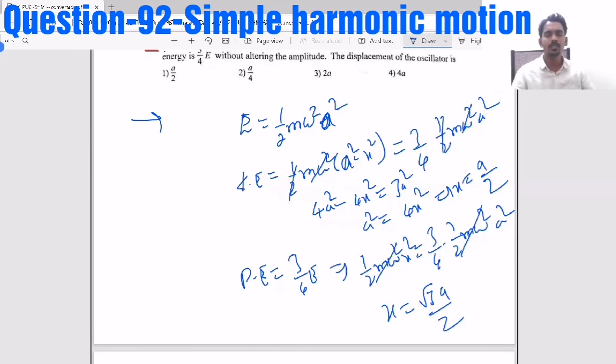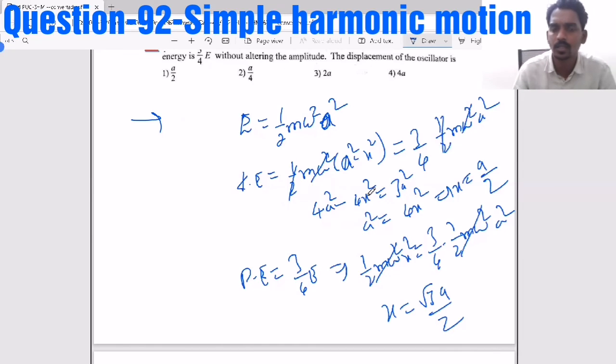But according to the given options, option 1 is suitable, that too when they give the condition like kinetic energy is 3 by 4 of E. Because total energy of a simple harmonic oscillator always remains constant, maybe it is some printing mistake I think. But you just understand, either potential energy or kinetic energy condition they should have given. But according to the option, that should be kinetic energy.